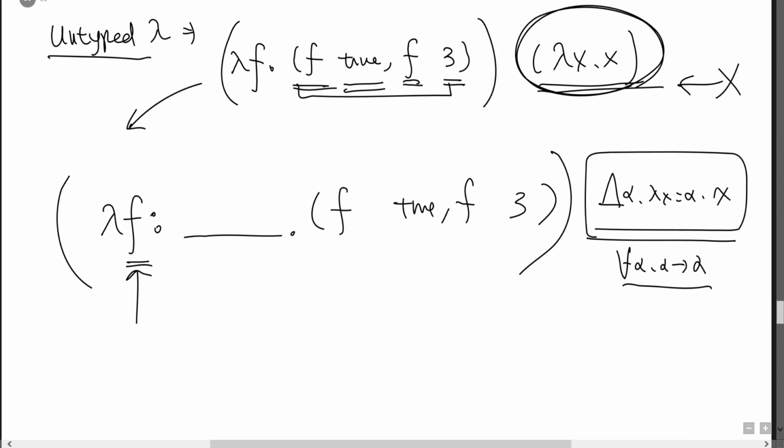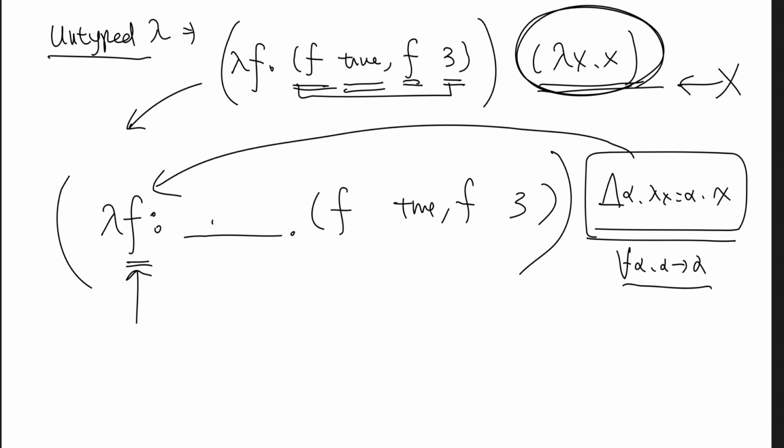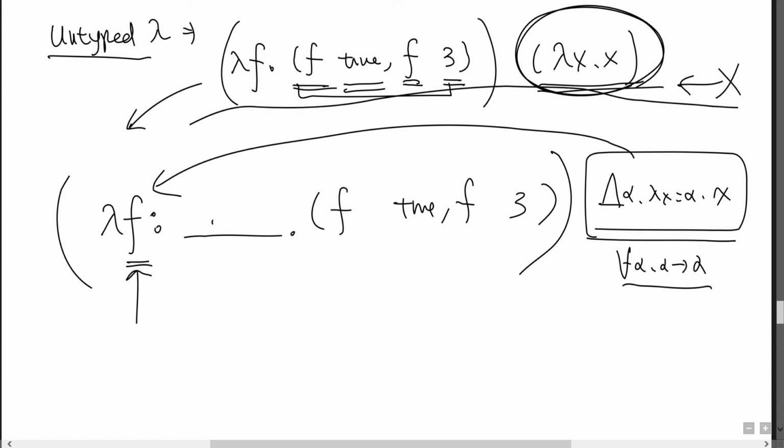So therefore, we cannot write something like for all alpha arrow A here. It's syntactically ill-formed. Then we can never pass this one over here. And this is the reason why we cannot rewrite this example in this predicative polymorphic lambda calculus.